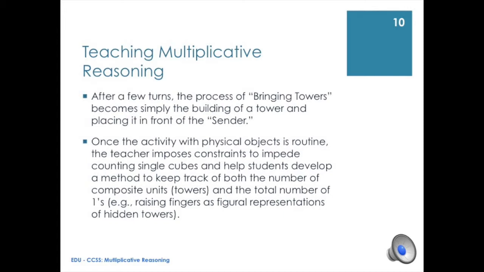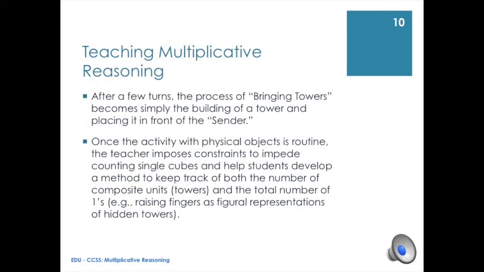But the crucial thing to pay attention to if you're the teacher is, are they counting by 4 at a time? So are they saying, all right, I have 4, that's in the first tower, and then I have 5, 6, 7, 8, that's the second tower, 9, 10, 11, 12, that's the third tower.